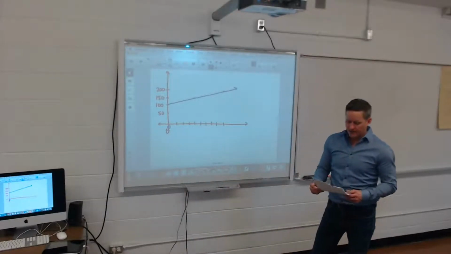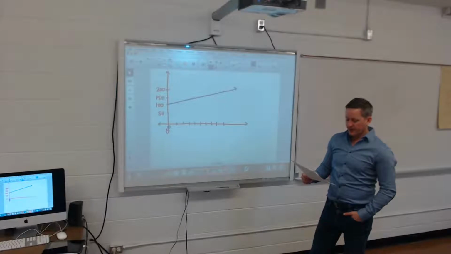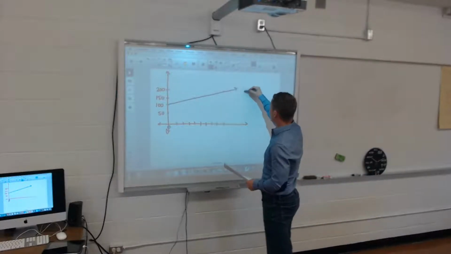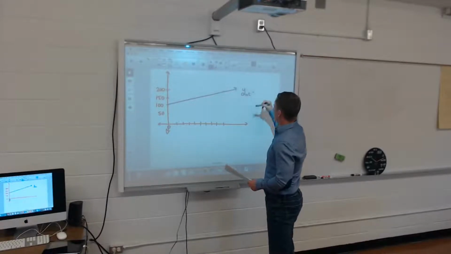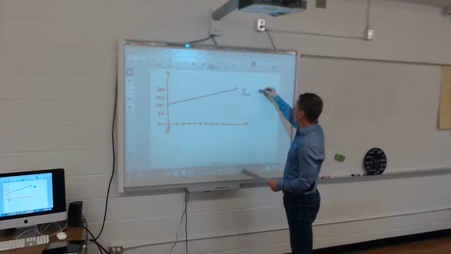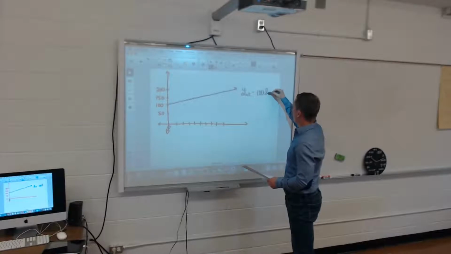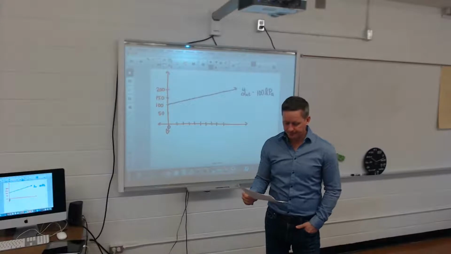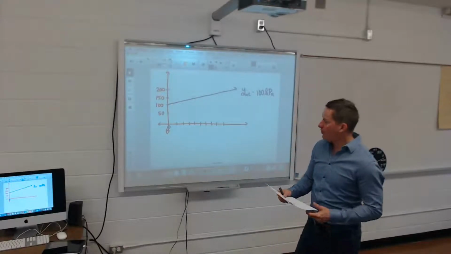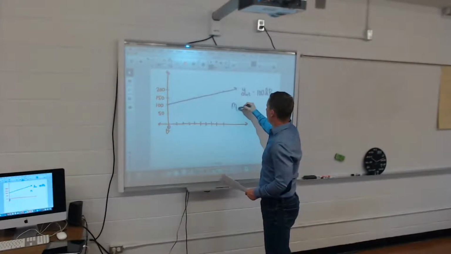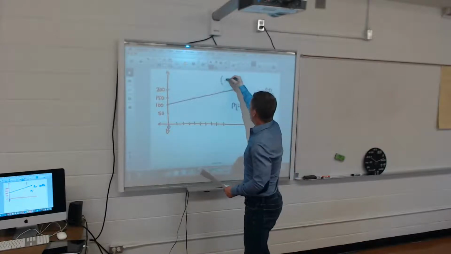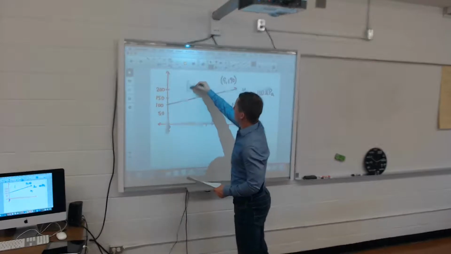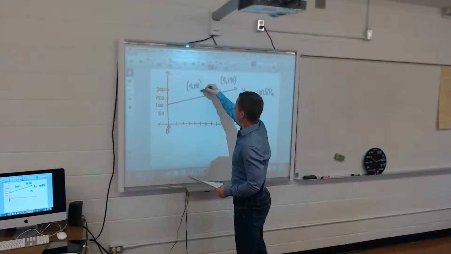Now it says identify the slope and the y-intercept. The y-intercept, if I drew the line out, should give me pretty much 100 kilopascals. Then it asked what the slope was. To find the slope, this coordinate is 9 and 190, and this coordinate is 4 and 140.